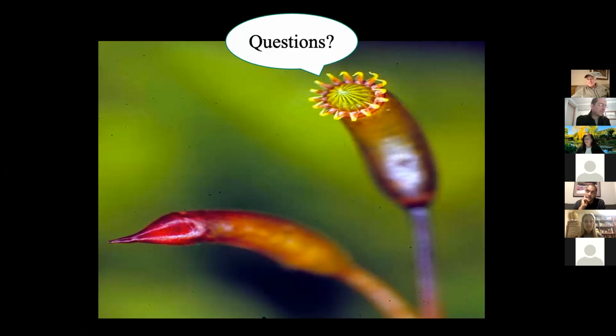Since there's so little understanding about moss ecology right now, we're really not sure what's going on. We're not in a place where we can say, oh, this is a native moss or this is an invasive moss.